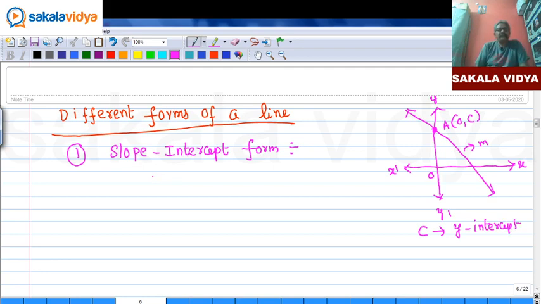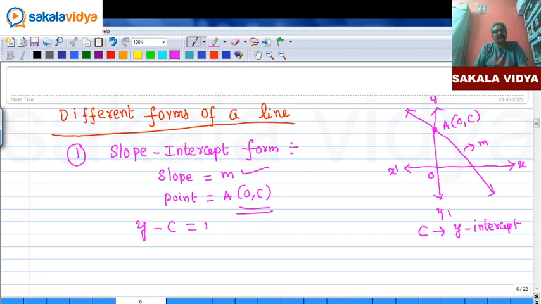Then the equation is given by, here slope is equal to m, point on the line is A (0, c). Now the equation of the line passing through (0, c) having slope m, you need to find out y minus y1, y minus c is equal to m into x minus 0.